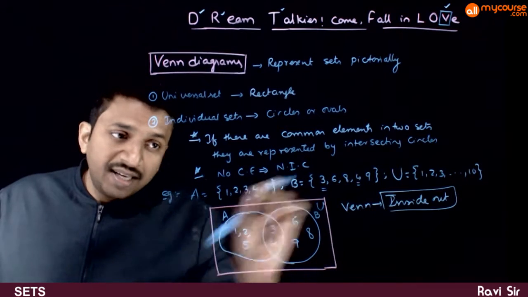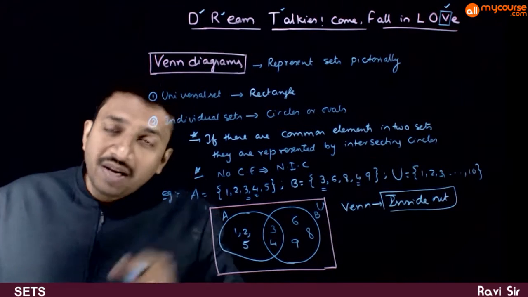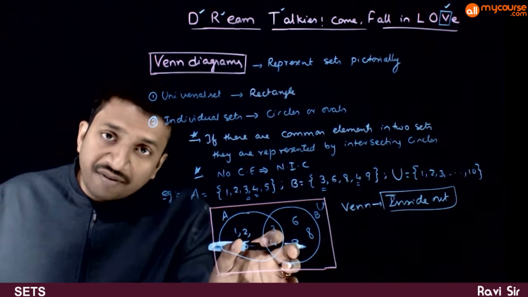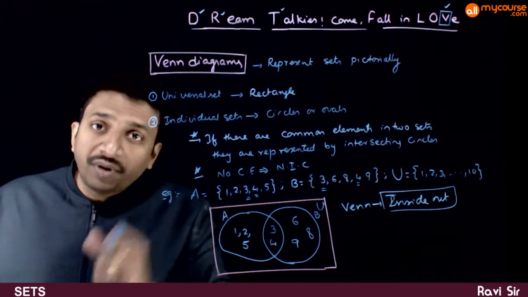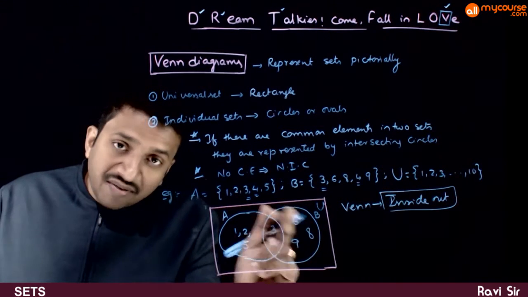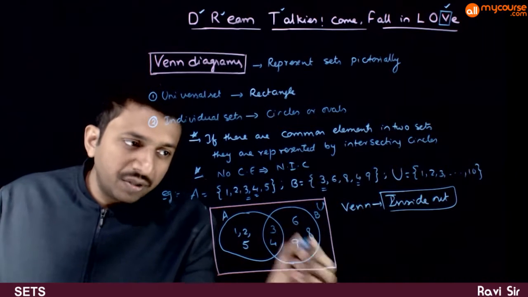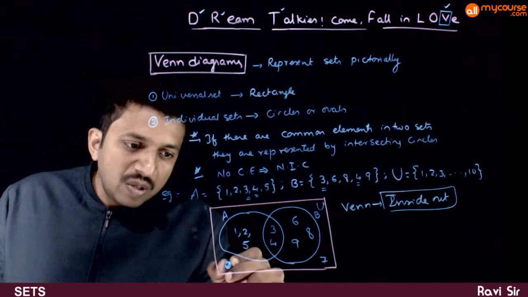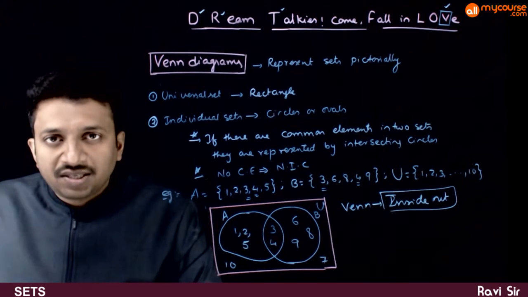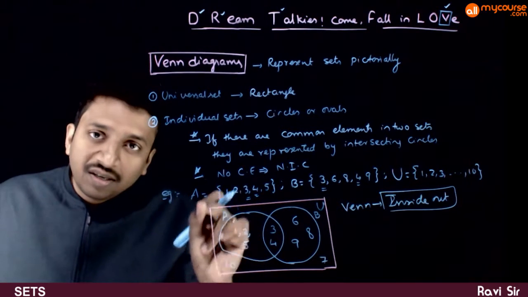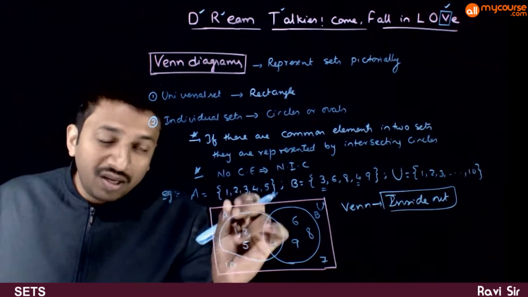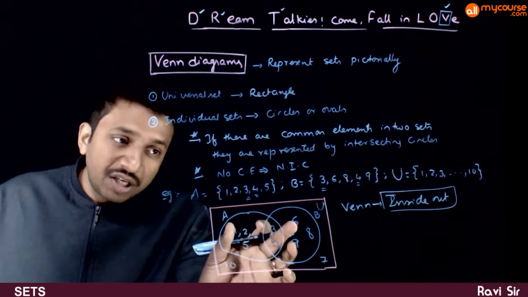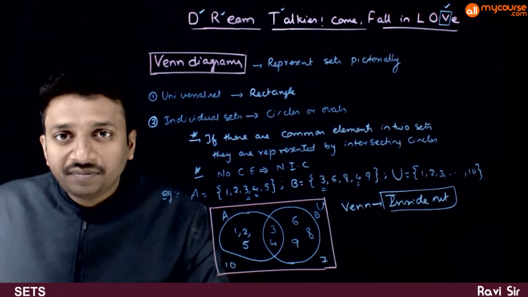And the universal set, that means this rectangle, contains all these elements. What are the elements which are left out? As you can see, 7 is left out and 10 is left out. So 7 and 10 lie outside these two sets in the universal set. The space outside belongs to those elements of the universal set which are not present in A and B.